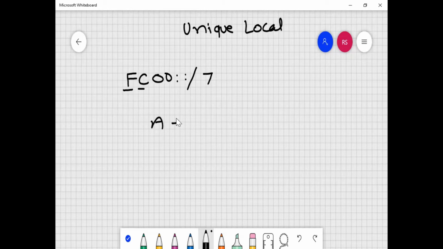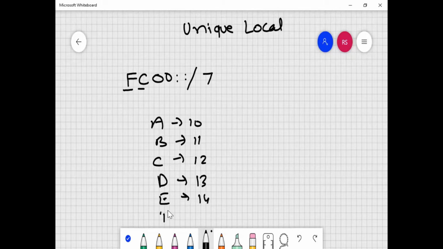Now A stands for 10, B stands for 11, C stands for 12 in hexadecimal, D for 13, E for 14, F for 15. If I convert over here, it will be 8421, 8421. F means 1, 1, 1, 1. C means 12, 8 plus 4, 12.